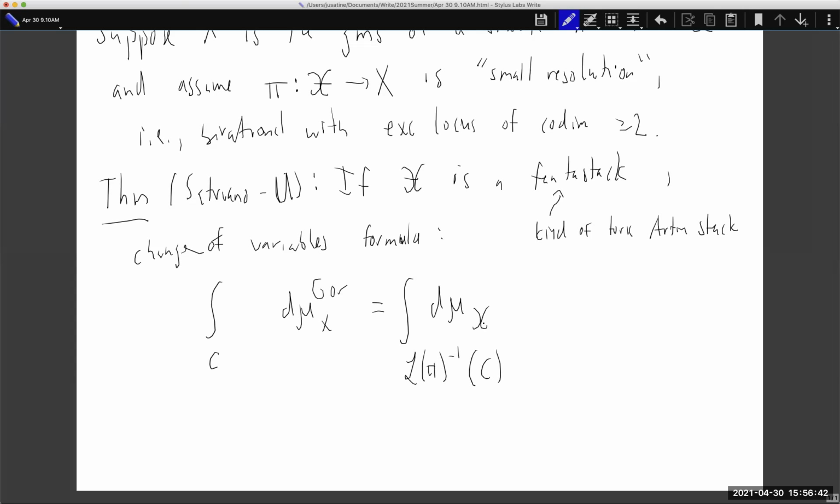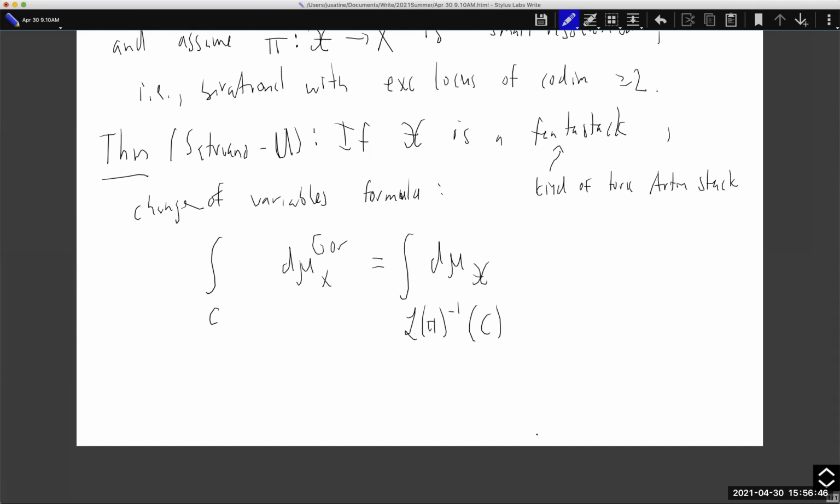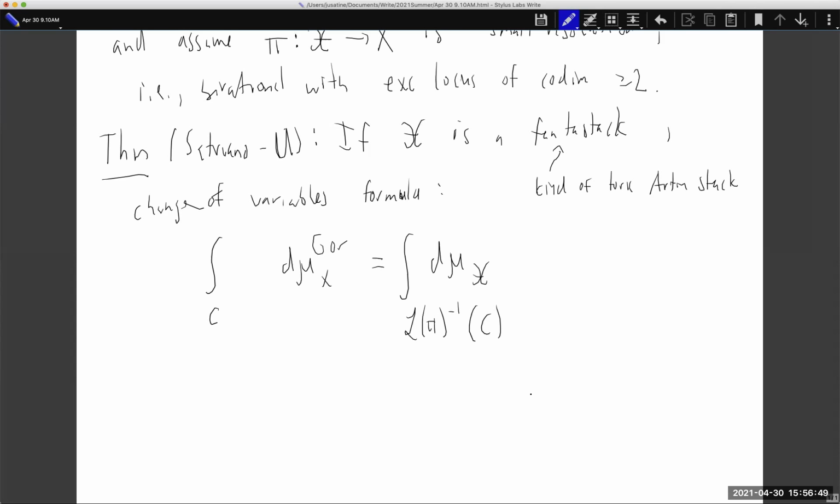And this motivic measure is defined in a very natural way. Just take pretty much the definition that you would use for schemes and replace scheme everywhere with Artin stack. There's nothing difficult about defining this motivic measure.